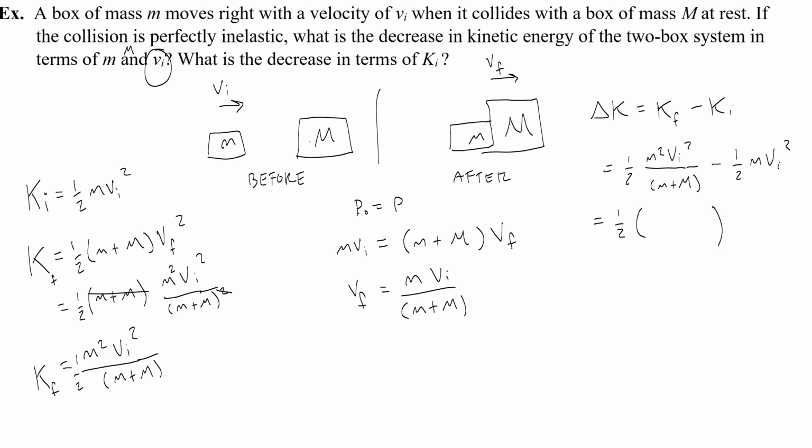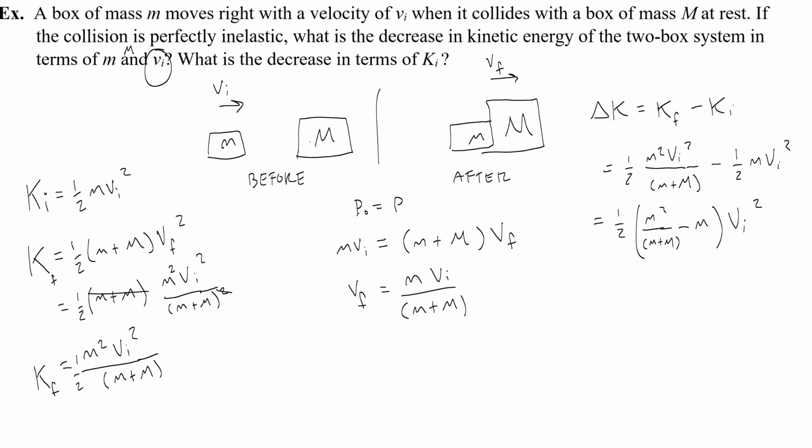But effectively, you would pull the Vi squared out, and then you would get m squared over m plus capital M minus m, which annoyingly is an acceptable answer for a free response question that would ask you to find the decrease of kinetic energy with these terms.